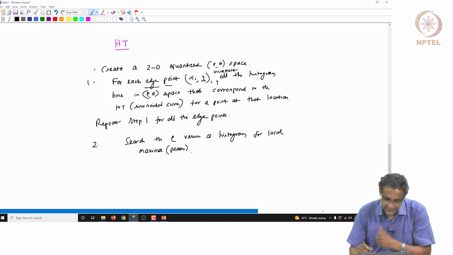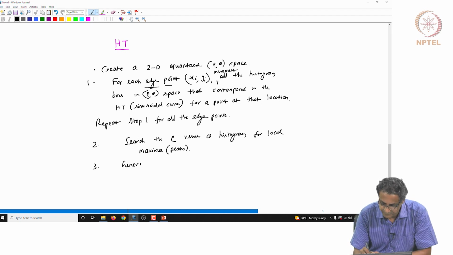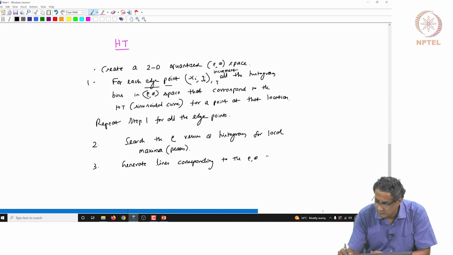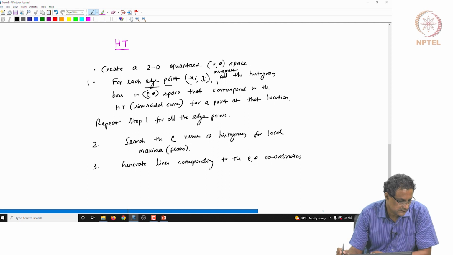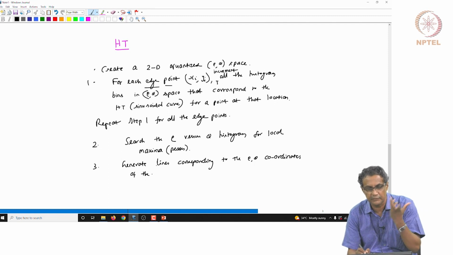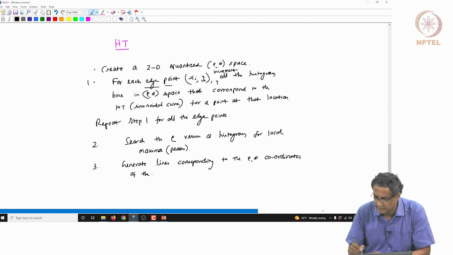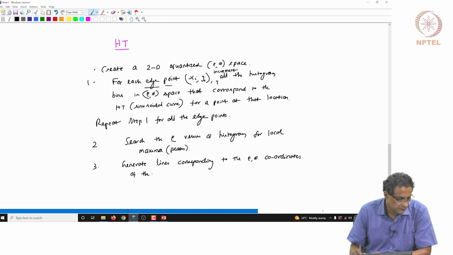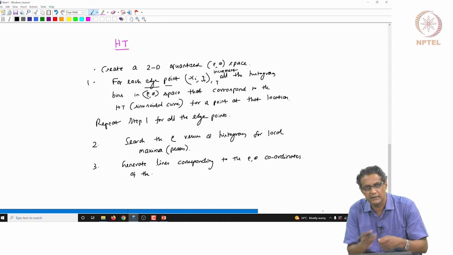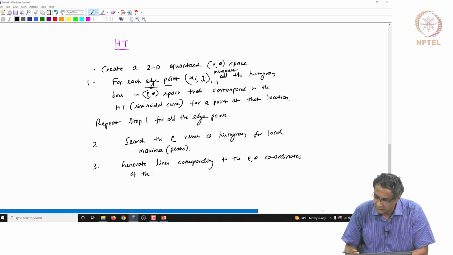Then generate lines corresponding to the rho theta coordinates of the local maxima. That means for all those rho theta bins which have turned out to be peaks, generate lines corresponding to them. What does it mean to generate lines? Simply join all those points to the rho theta coordinates of the local maxima.